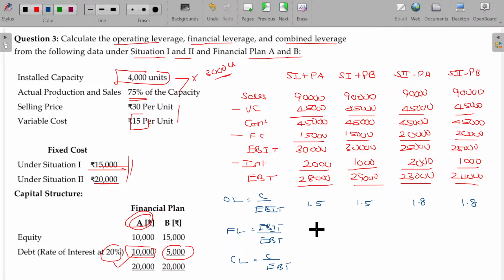I think financial leverage for the first case 1.07, second case 1.04, 1.09, 1.04. If you multiply these two, then you will get the combined leverage.